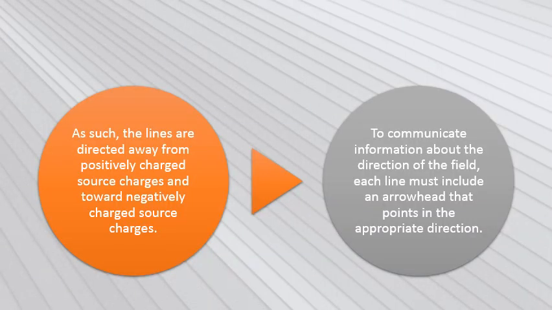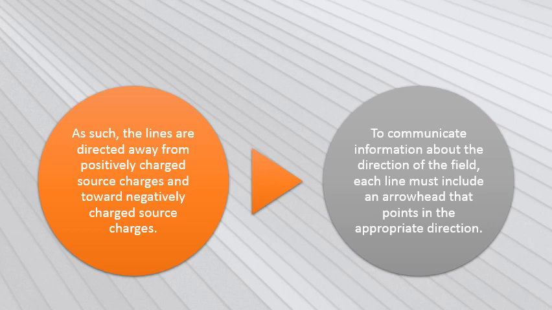These electric field lines, as we have told in the previous slide, represent the field of the source charge. These lines are directed away from a positive charge source, and for a negative charge they are directed towards the negative charge source: away from positive and towards negative.